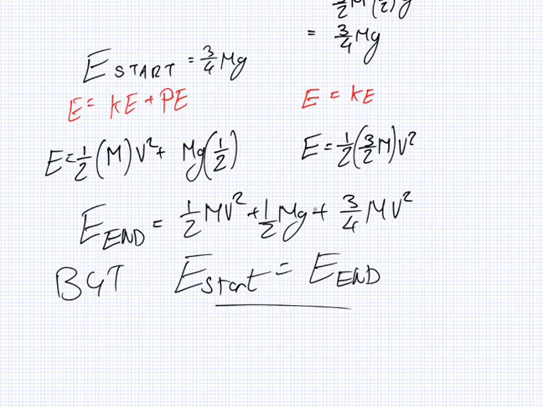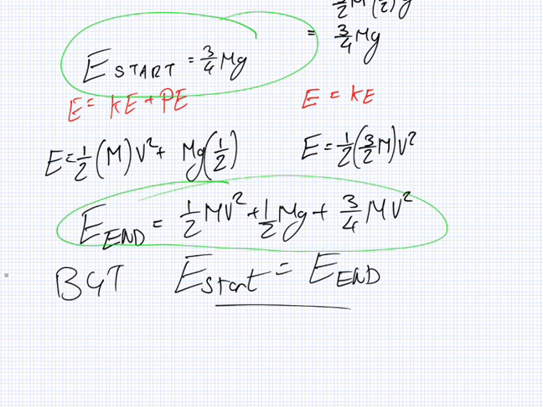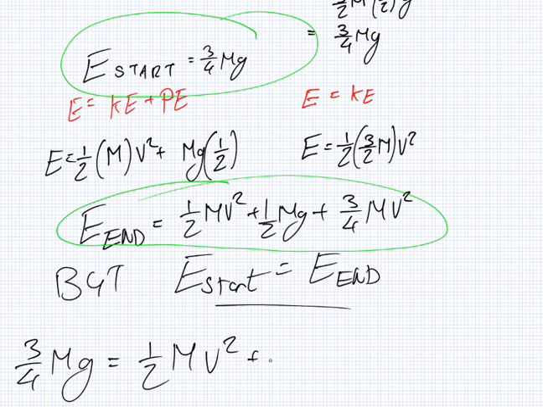Here is the energy at the start, and here is the energy at the end. They must be the same. The energy doesn't change. So now we have 3 over 4 mg equals a half mv squared plus a half mg plus 3 over 4 mv squared.